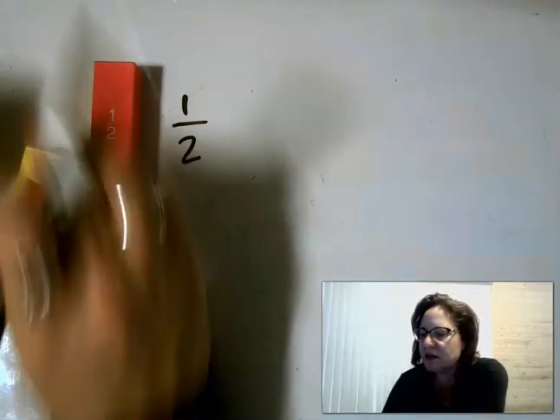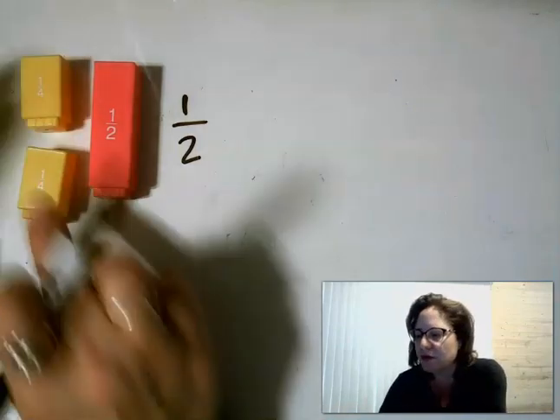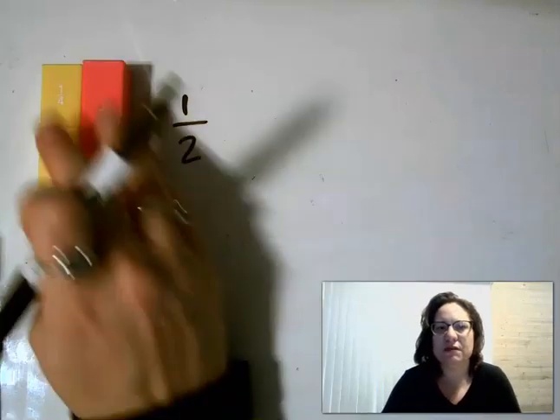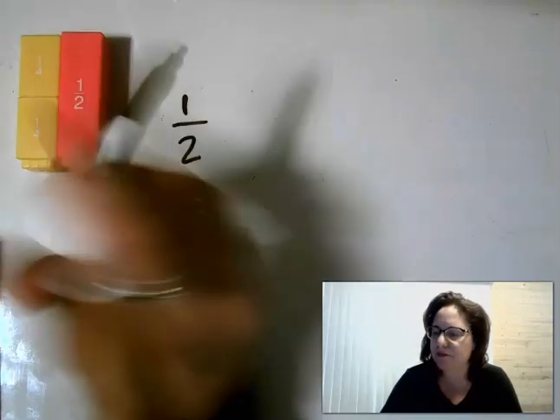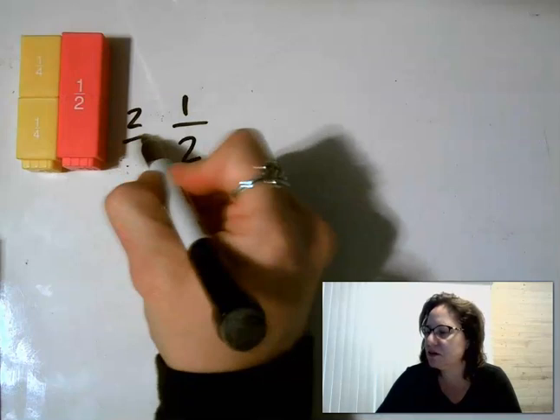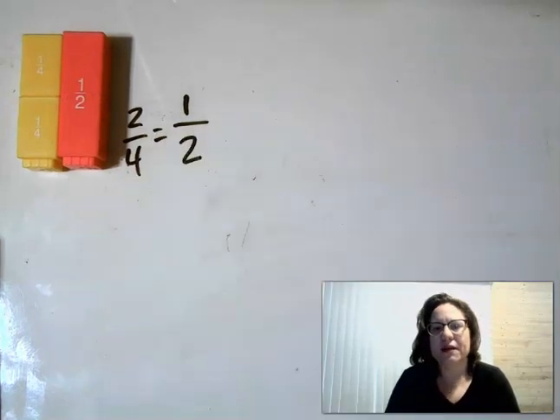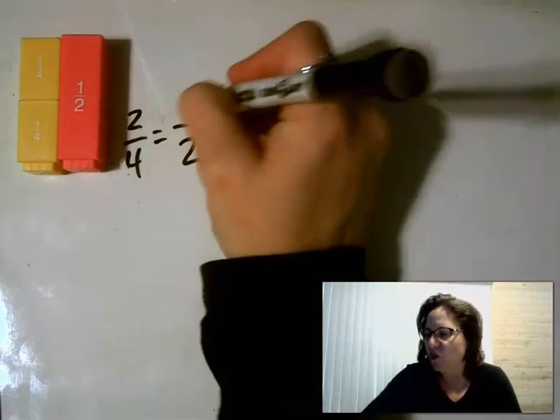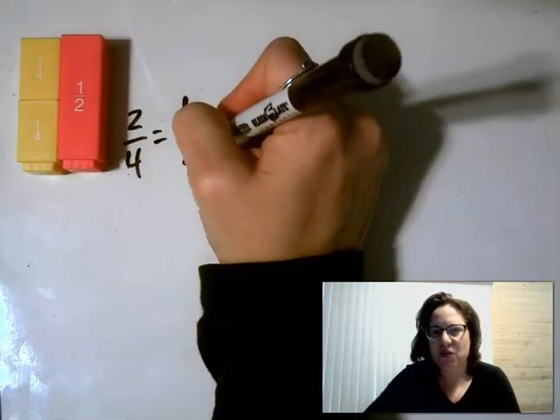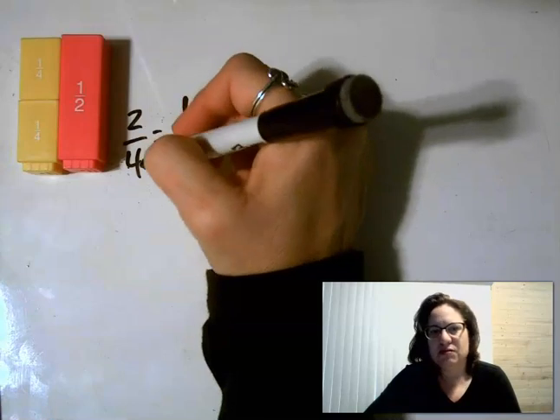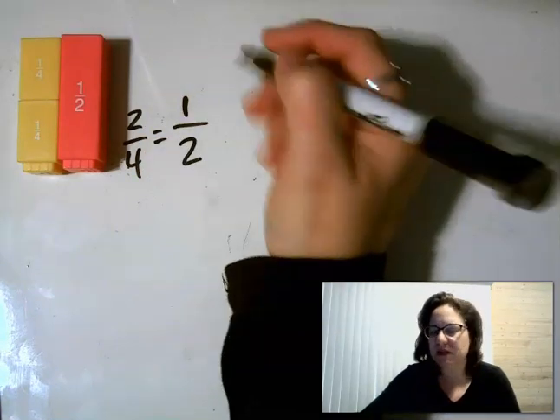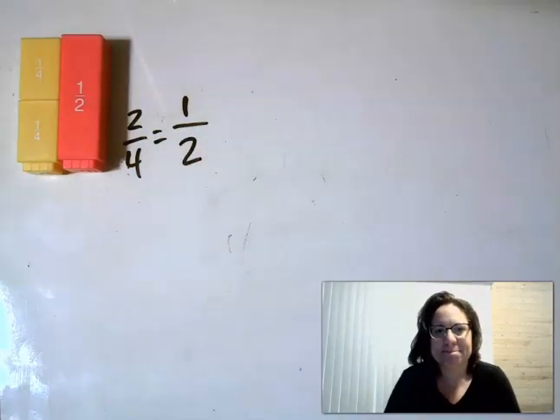It might be hard to see on the camera, but there are 2 fourths, and that is equivalent to 1/2. So 2 fourths equals 1/2. Notice 1 goes into 2 twice, and 2 goes into 4 twice. That's interesting, isn't it?